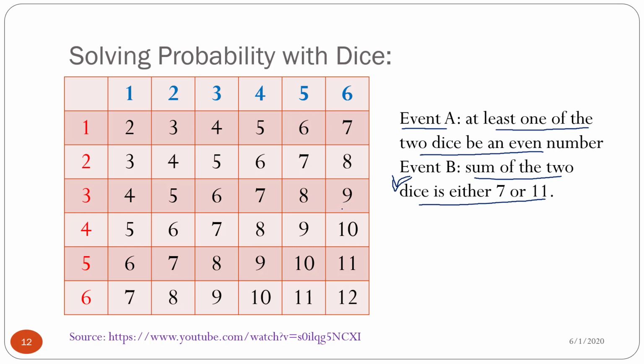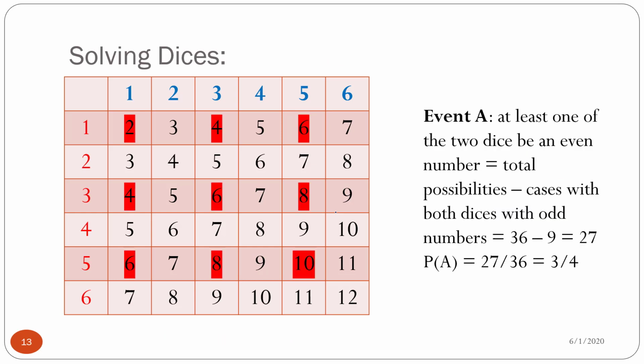Alright, so let's look at one event at a time. Event A says that at least one of the two dice is an even number. So now we are doing it in the difficult way, but still we need to apply some logic. When you're saying that at least one of the two dice should be an even number, what is the trick?